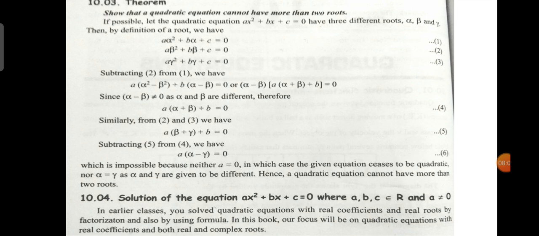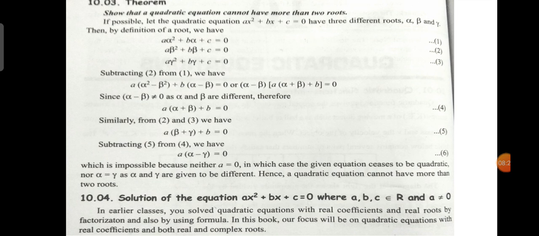So if there were three roots, that implies the given equation is not quadratic, which is not true. So we have proved by the contradiction method that a quadratic equation cannot have more than two roots. This is very important.